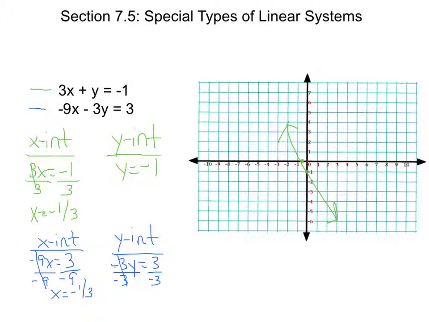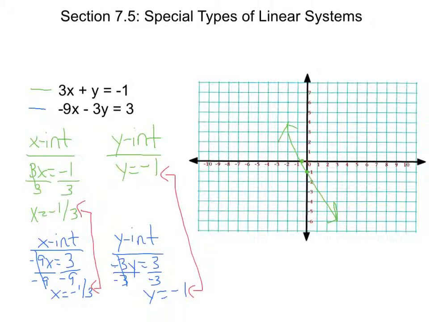That's interesting. I feel like I just saw that number, and I actually did right here. And then y, 3 divided by -3 is -1. And again, I feel like I just saw that, and I did right there.